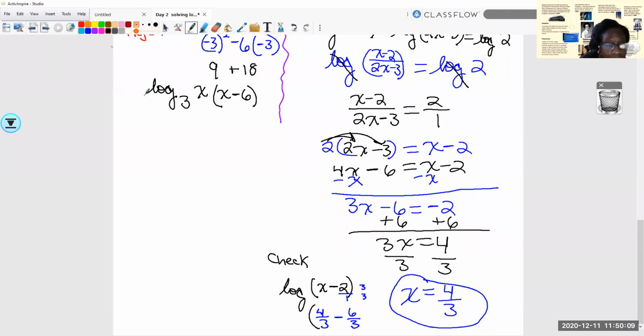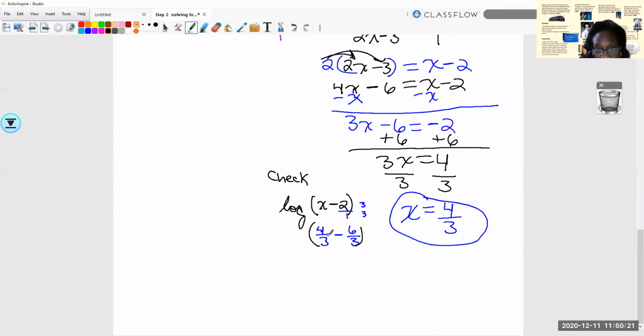Notice this is going to give a negative value. It looks like it's going to be negative 2/3. Our argument is negative. You can't have a negative argument. So for this one, we reject, and it's no solution.